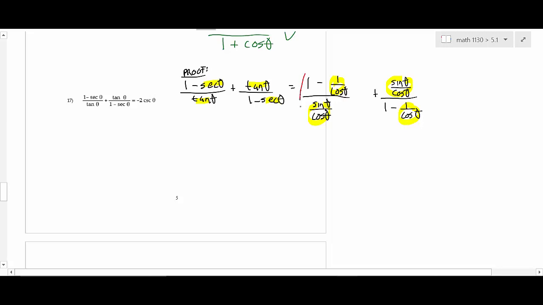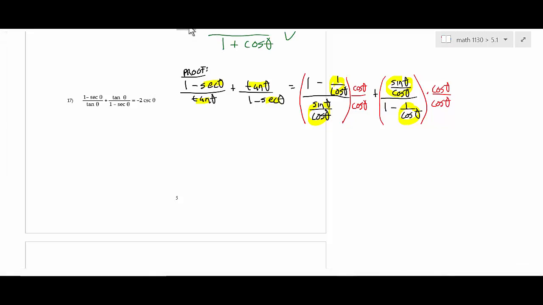So I'm going to take this fraction and multiply it by cosine theta over cosine theta. I'm going to do the same thing with this fraction, multiplying the whole thing by cosine theta over cosine theta like that. Process this in your head so you don't have to write all this stuff out. If you block this off, what's this going to give you? Cosine minus 1, right? Everybody see it okay?